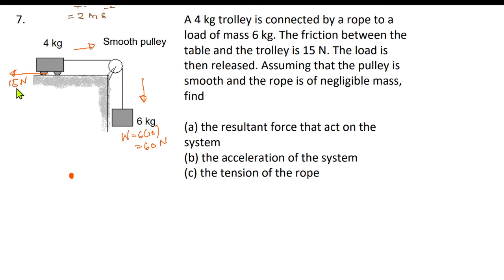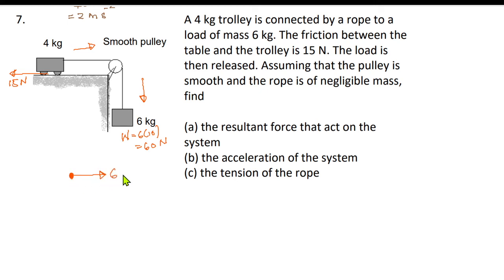But this 15 Newton will try to hold this trolley up here from moving. So in my free body diagram, I am including the forces that are influencing the system. Here it is moving to the right.